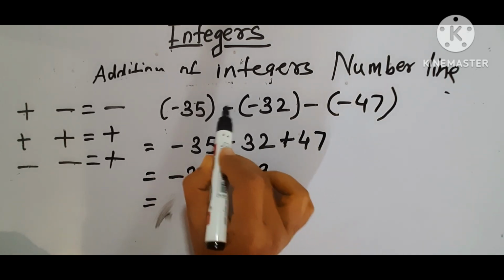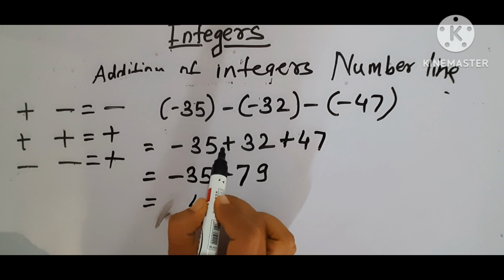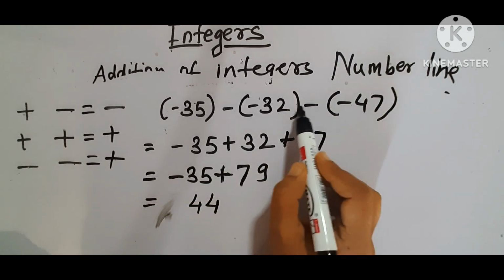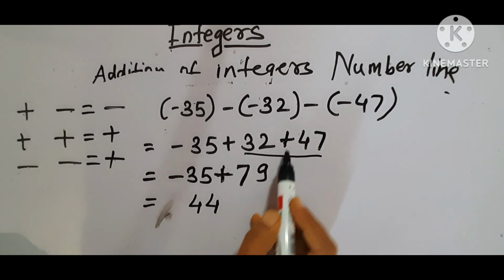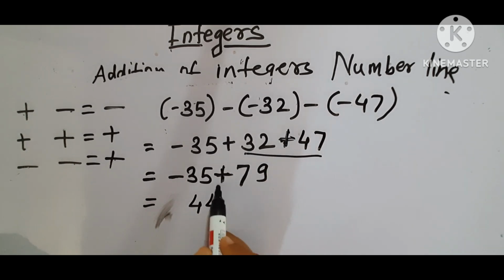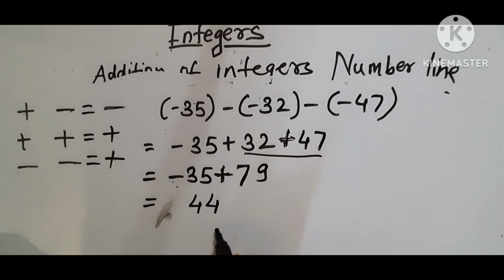What we have done is first solved the brackets for the signs. We have given the proper sign here. We have done addition of these two numbers, again with the larger sign, it is plus, so it is plus here. Minus 35 plus 79, opposite signs, we do subtraction. We have done the subtraction, and to the answer we give the sign of the larger integer.